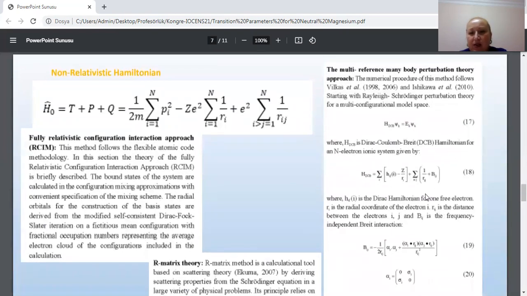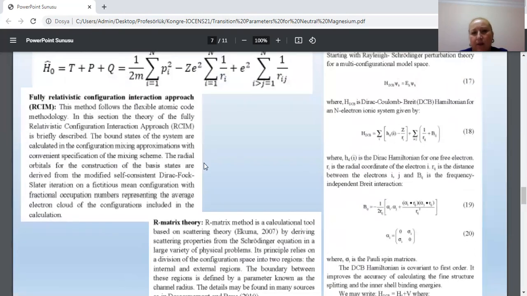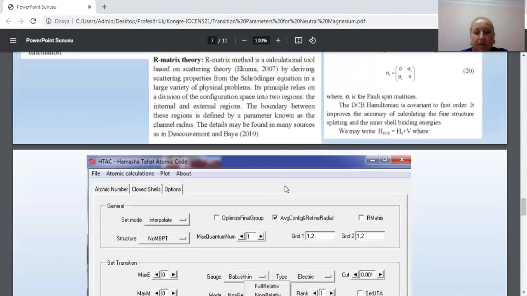So we can use this approach to find the parameters. If you want to learn this part in detail, you can see the references and these research papers, and then you can find lots of information.